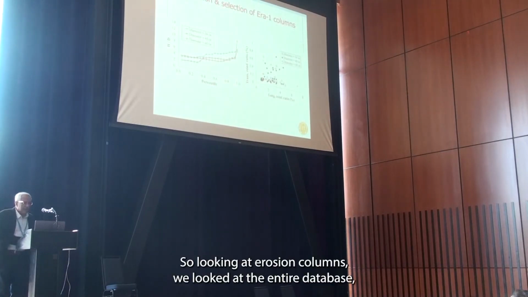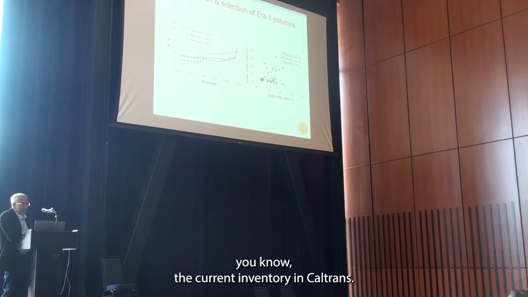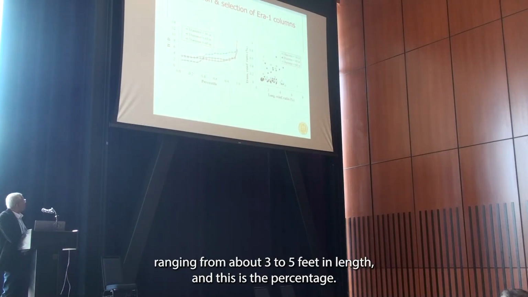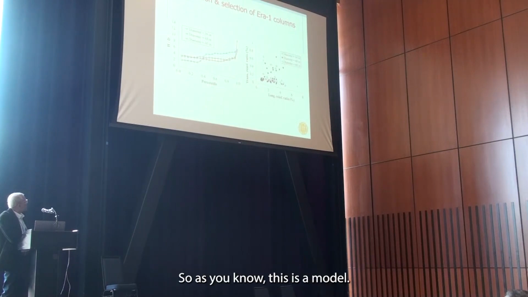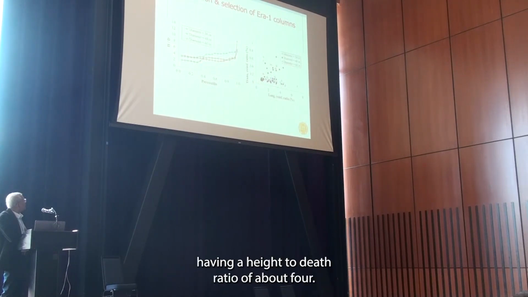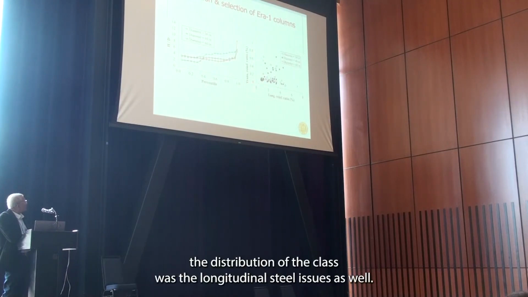All right, so looking at Era 1 columns, we looked at the entire database, the current inventory in Caltrans, and what we found is that typically you had diameters ranging from about 3 to 5 feet, and this is the percentage. We're looking at the majority of columns having a height to depth ratio of about 4, and here is the distribution of the transverse to longitudinal steel ratios as well.